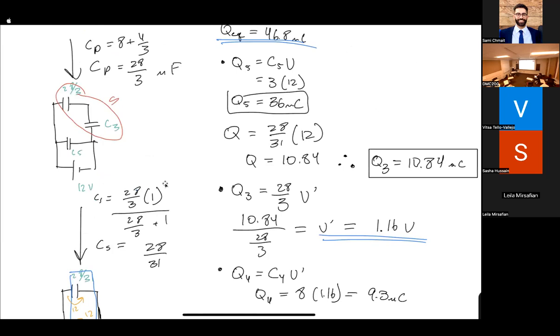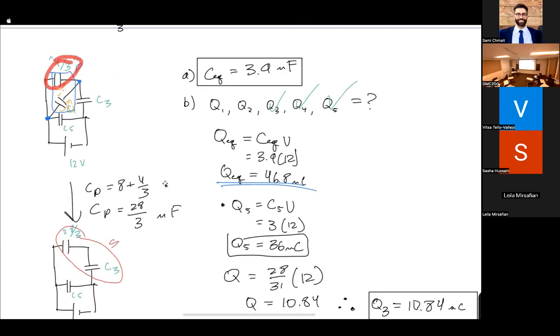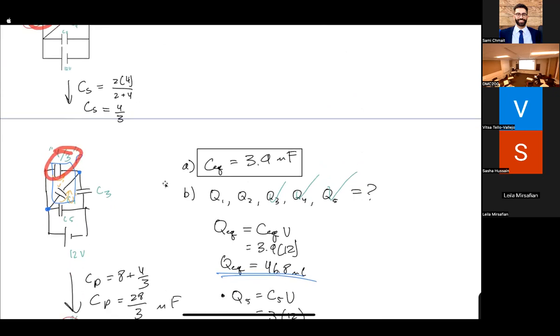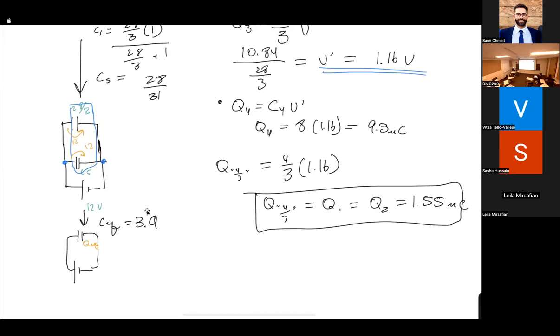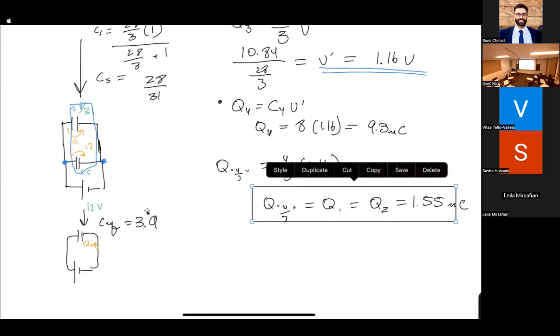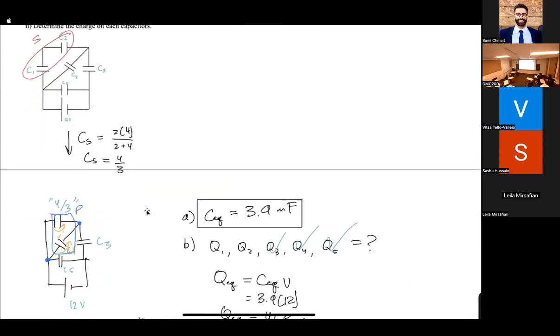This is the charge of this position here, which coincidentally is these two charges. We know what the C value is here, right? So that's 4 over 3 times the V1 we just saw, 1.16. So Q 4 over 3 is equal to Q1, which is equal to Q2, which is equal to 1.55 microcoulombs. And bam, we've now solved for the charge at each capacitor.